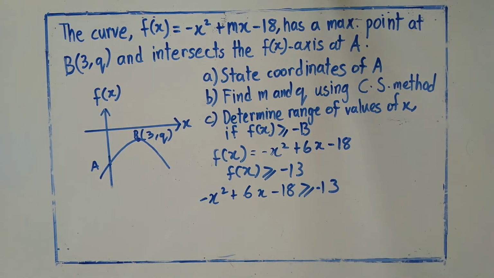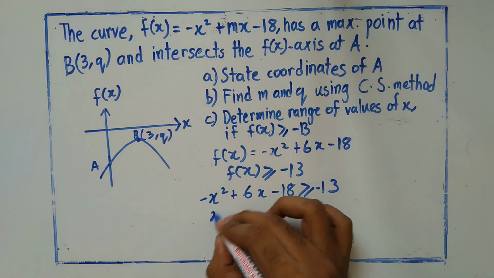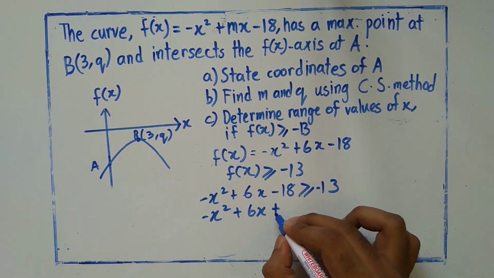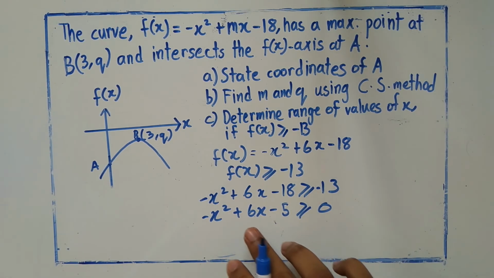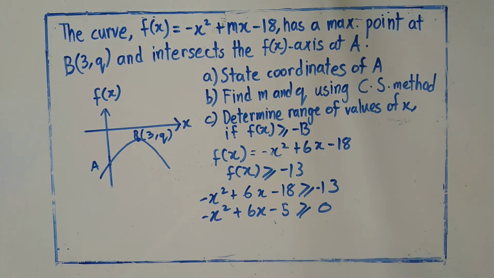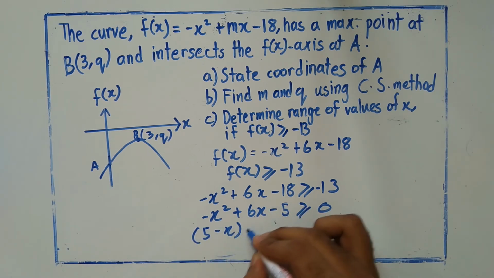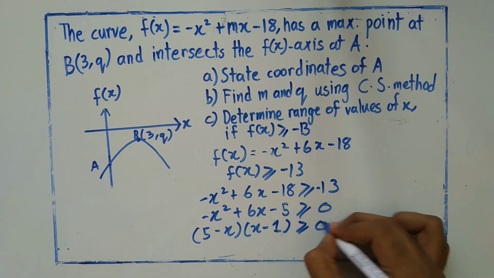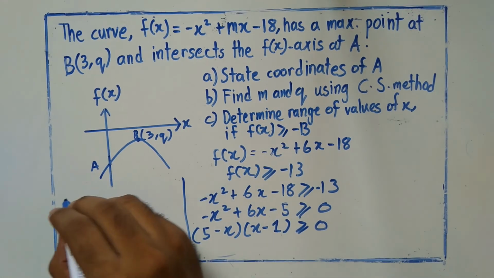And solve for x. If you solve for x, you'll notice that you will get this function. Now you can use the quadratic methods to solve for x. I use the factorization method and I'll get this equation instead. Now we equate this equation to 0.